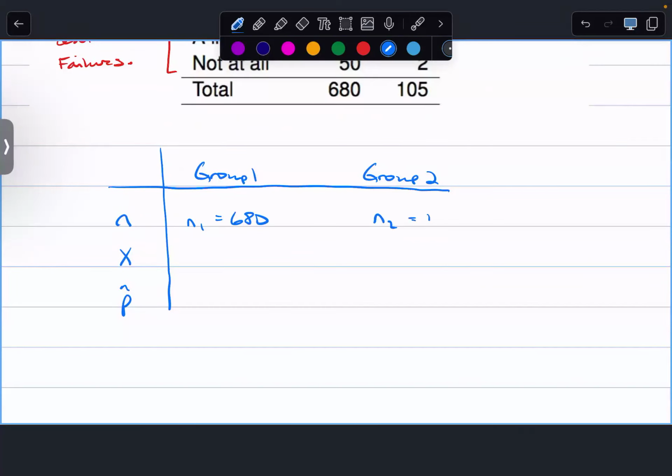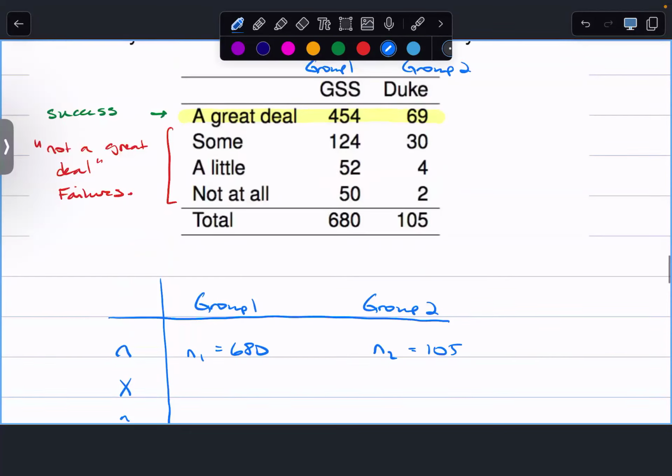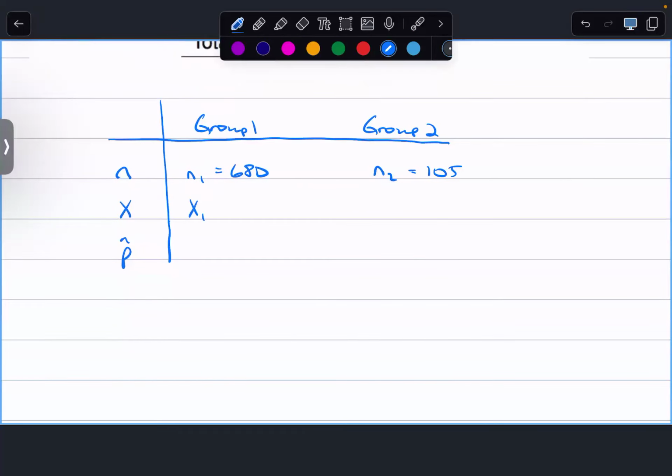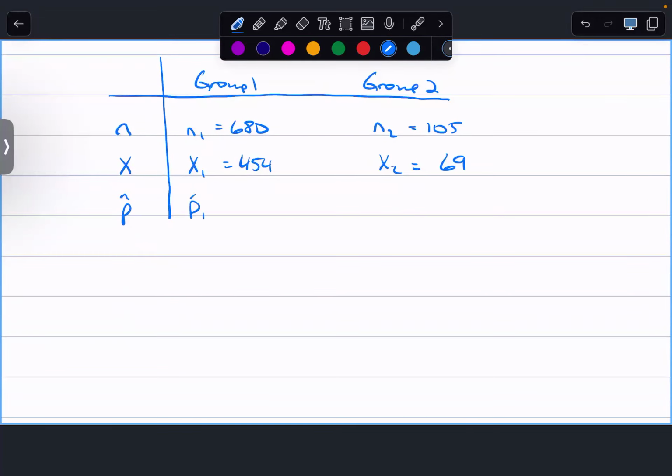N2 has a sample size of 105. X is the number of successes. X1 is 454 and X2 is 69. And P1 hat is 454 over 680, and P2 hat is 69 over 105.